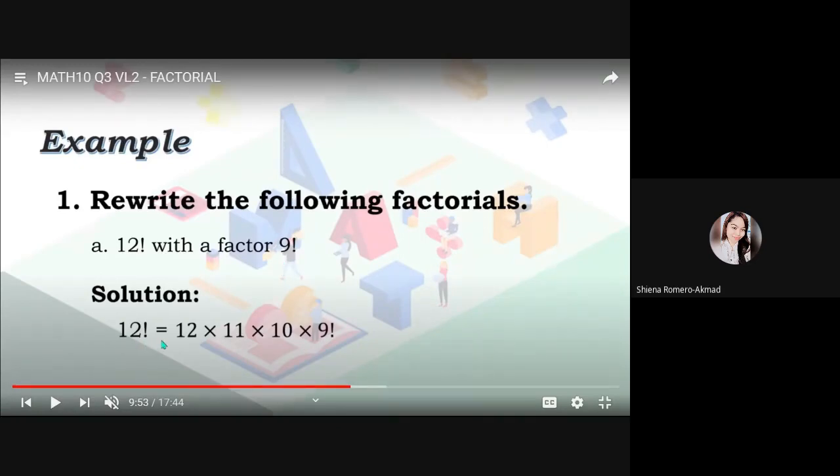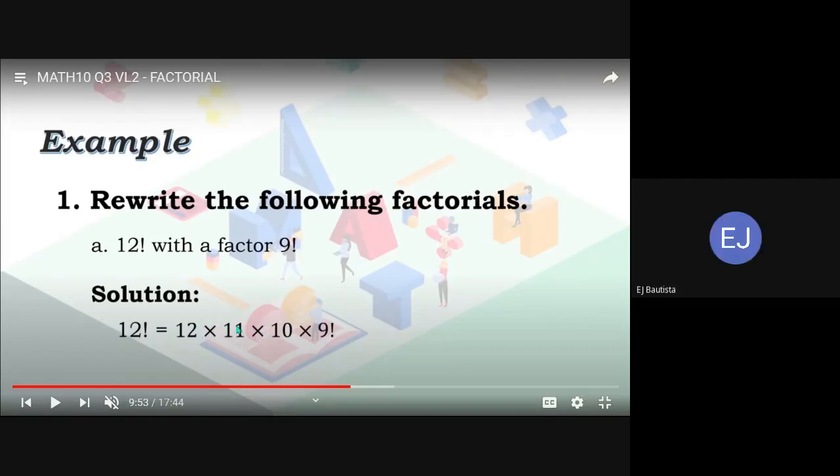So, 12 factorial, that will be 12 times 11 times 10 times 9 factorial. 9 factorial means 9 times 8 times 7 times 6 hanggang 1. Okay? Bakit wala ng factorial yung 12, 11, 10? It is because wala na silang kasunod. Yung kasunod nila nandito na. Ang may kasunod na lang ay si 9 factorial. Kaya nga ang sabi, you have to rewrite 12 factorial with a factor, 9 factorial.